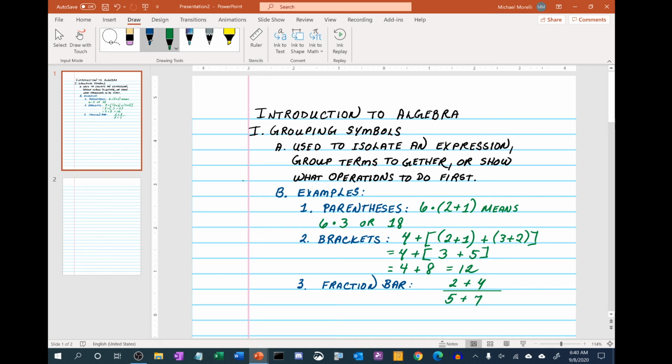We add the top first, then we add the bottom. 2 plus 4 is 6. 5 plus 7 is 12.